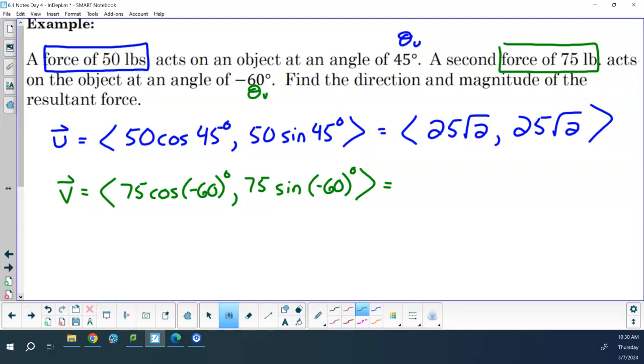Negative 60 degrees is also 5 pi over 3 or 300 degrees. So the cosine at 300 degrees is 1/2. So that would be 75 over 2. And the sine is going to be negative root 3 over 2. So that's going to be negative 75 times the square root of 3 over 2. Now, I left those exact because we are going to have to do something with them, so I don't want to round them just yet.